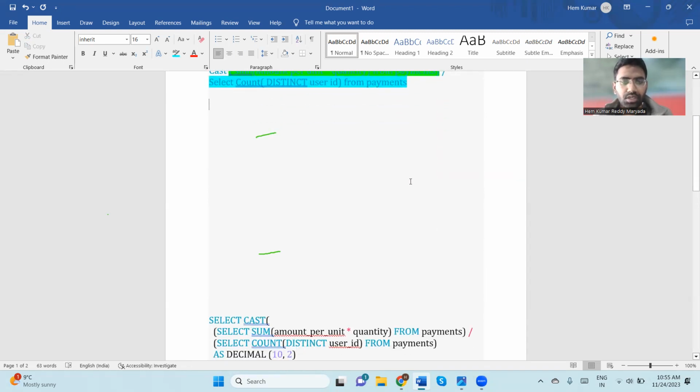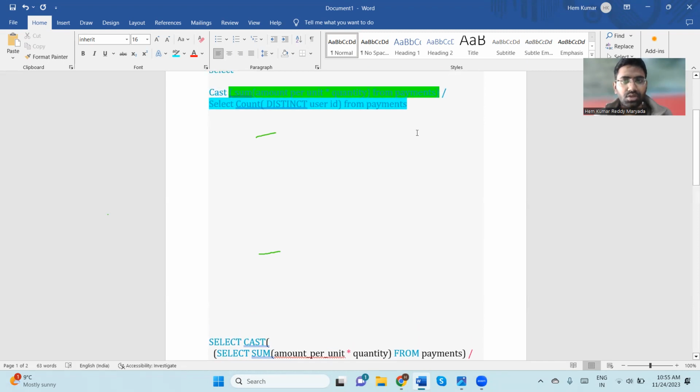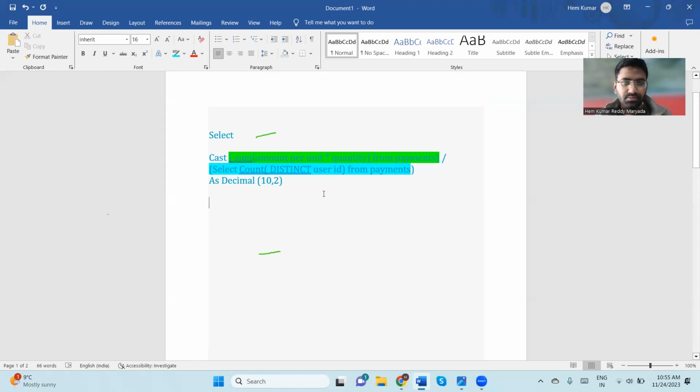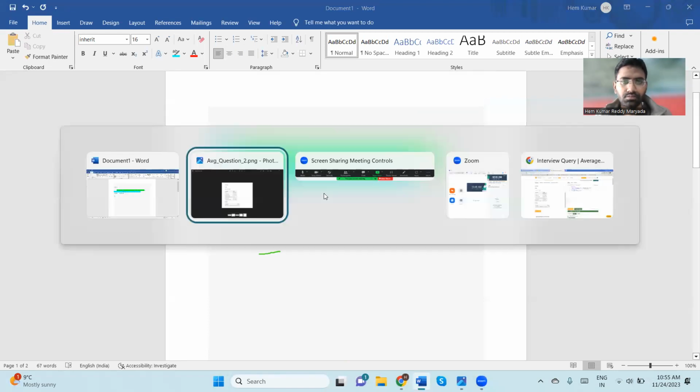Later on, I need to use cast. Let me separate it with braces so you'll get the proper idea. Cast as decimal 10 comma 2, as, and he's expecting a new name.